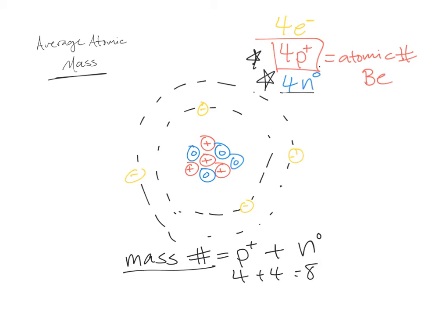But it's still the same element. It's still beryllium because it's still got 4 protons. The different numbers of neutrons make it a different isotope. So an isotope has a different number of neutrons. So we've had beryllium with 3 neutrons, we've had beryllium with 4 neutrons, we could have beryllium with 5 neutrons. These are all different isotopes of beryllium.